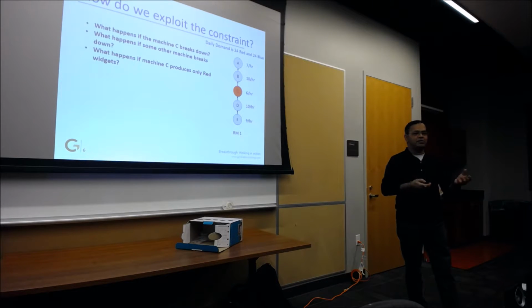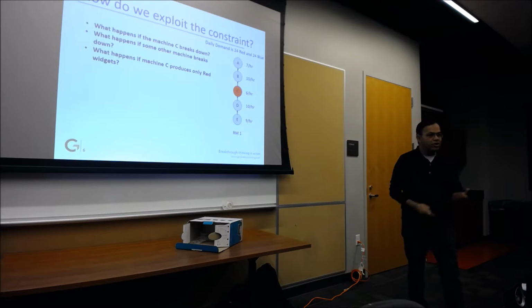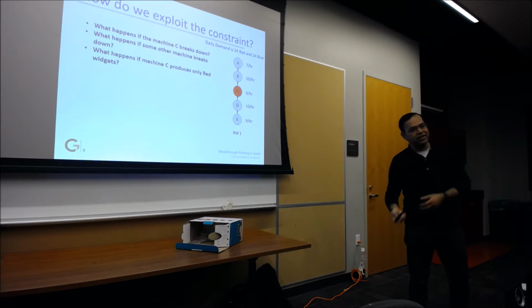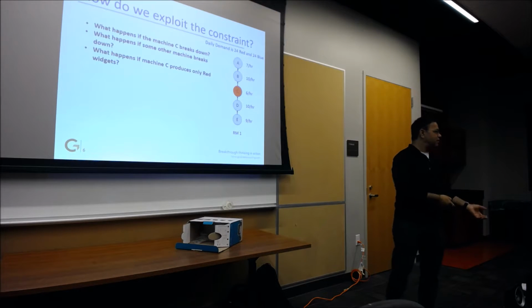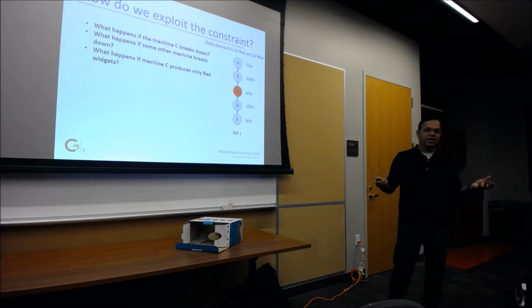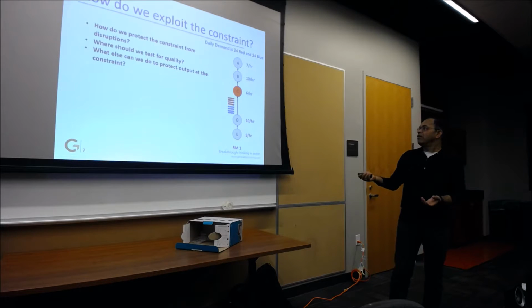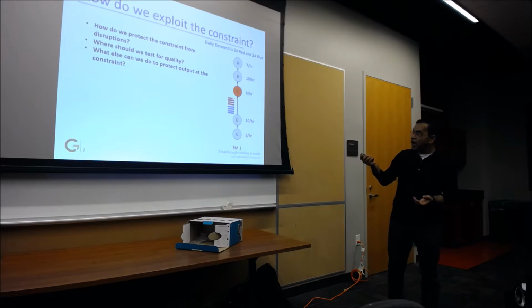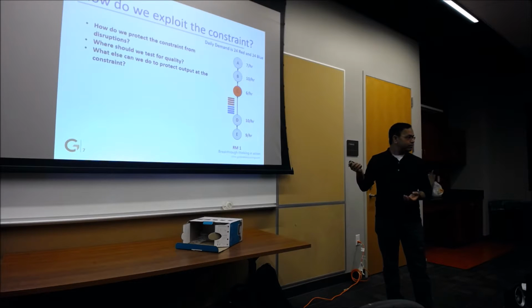There is something that will go wrong, right? Everything can't be perfect. Machines will break down, or people will not show up to work, skills will be different. There is an expert and there is another guy who's probably a new guy, not an expert. So we will have to create a buffer in order to protect.